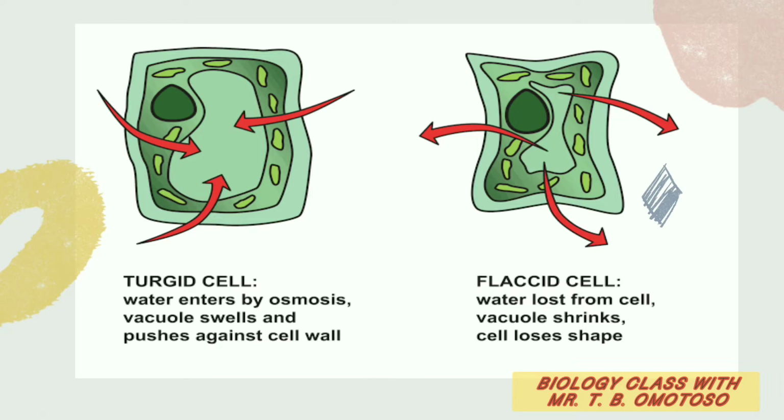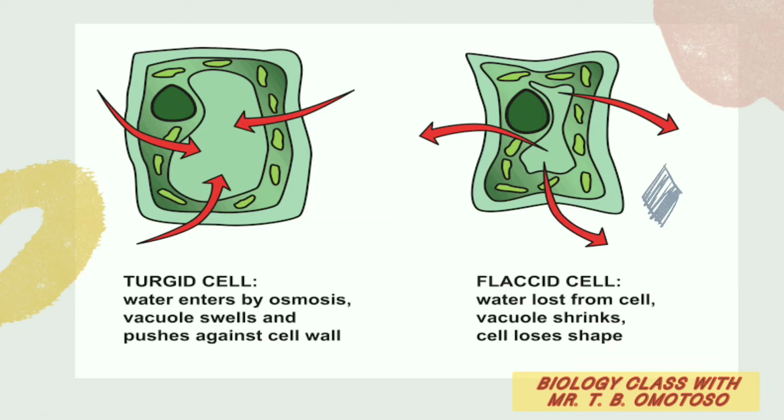But in the case of flaccidity, when there is little or no water in the soil or during drought, the cell lacks the intake of water and the cell loses water through the process of transpiration. Transpiration is the loss of water from the plant as water vapor to the atmosphere.